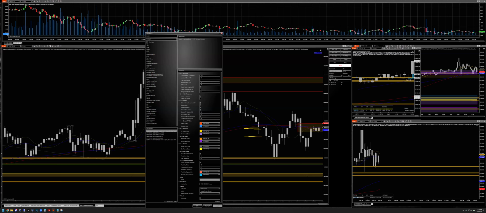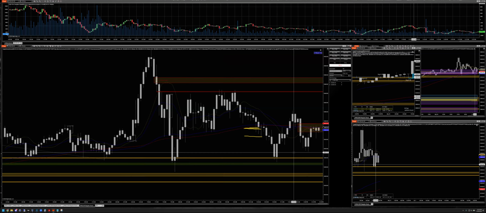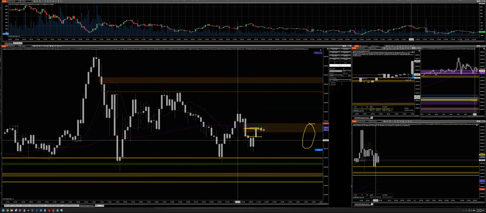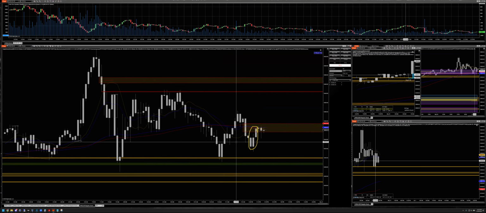Can you guys tell me why? It's something to do with this area right here. We talked about it at the beginning of the video. Bam. And this is a great example.